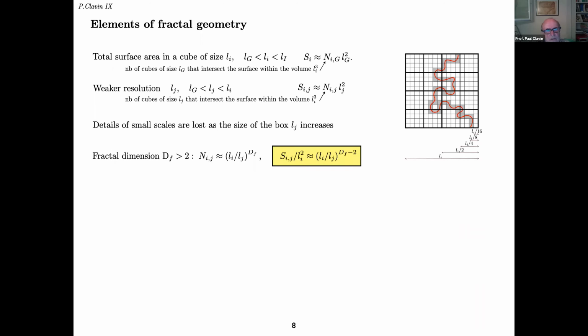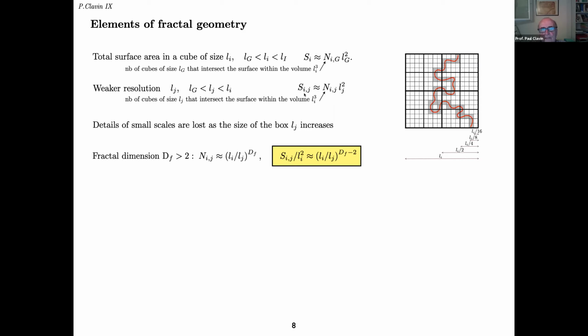And the fractal dimension is defined by the variation. If you consider the surface in between, for example, you define the number N_G, the number of cubes of size L_G, which is smaller than L_E, that intersect the flame surface in the volume L_E squared.